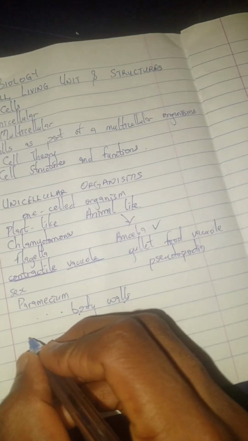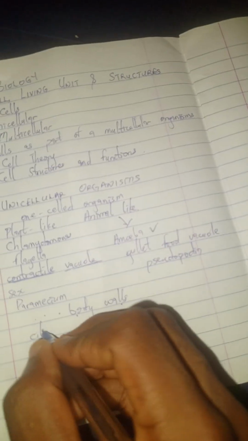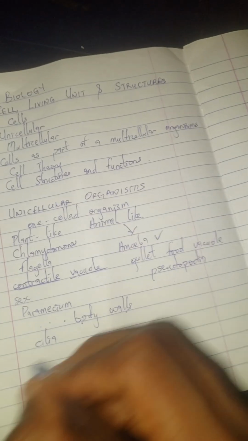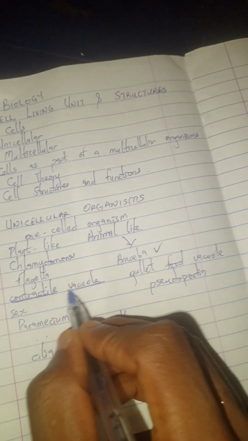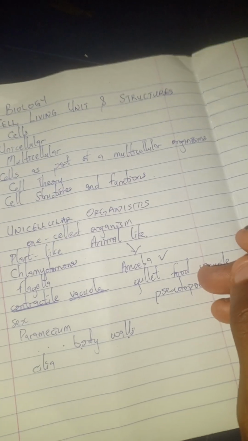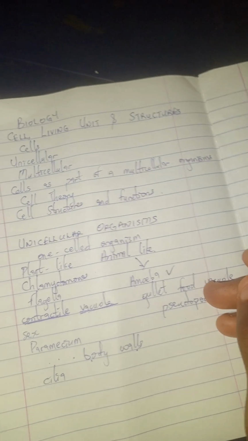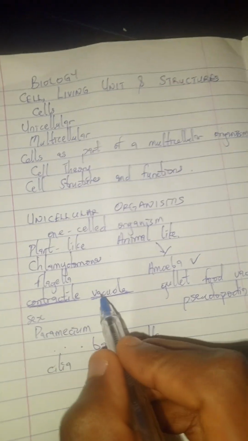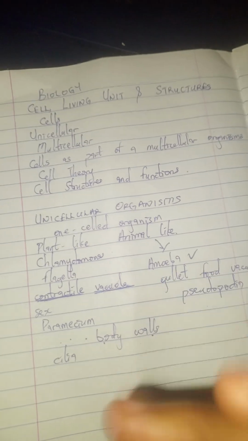This paramecium makes use of cilia for movement, and also makes use of the contractile vacuole to get rid of excess water that enters the cell through the surroundings. So the main function of this contractile vacuole is to excrete water that enters the cell.